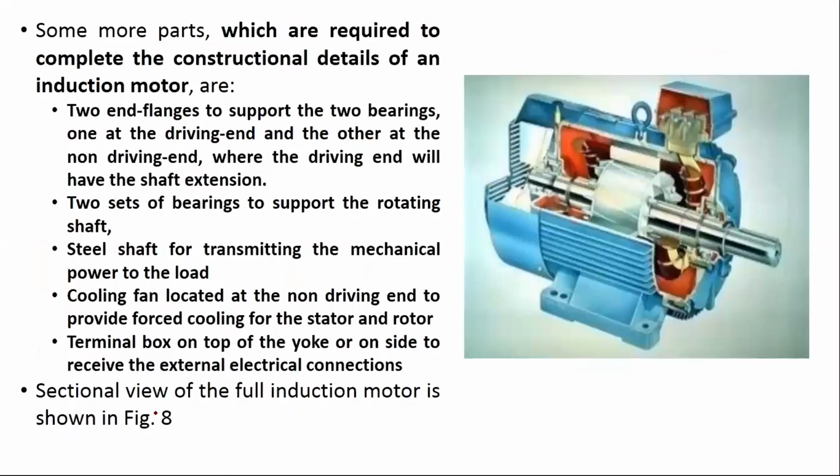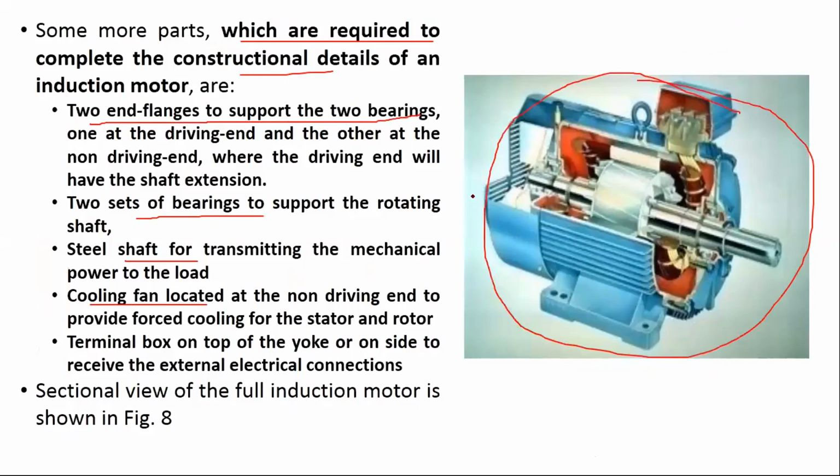Now, other parts of an induction machine, apart from stator and rotor, are basically the bearings, shaft, cooling fan which is used to exhaust the heat generated within the machine, and two end flanges to support the two bearings. This is the cut-section view of an induction machine.